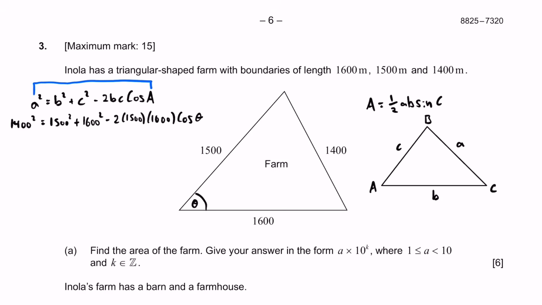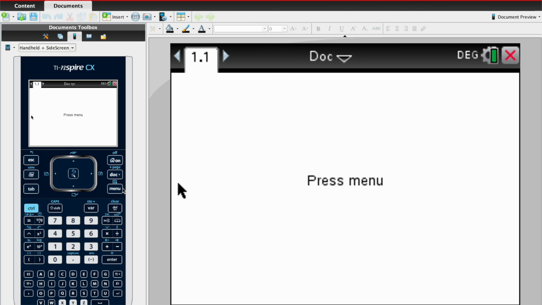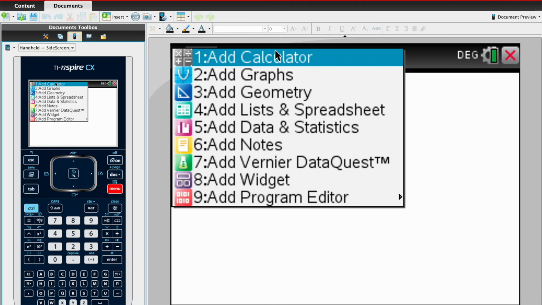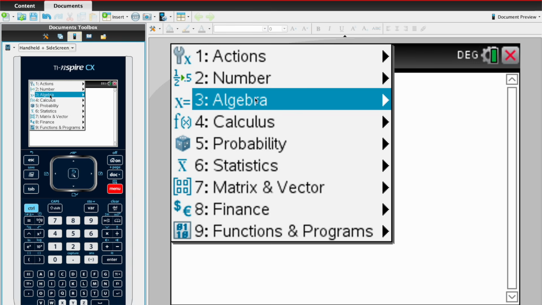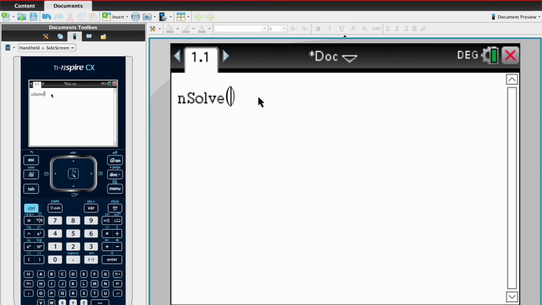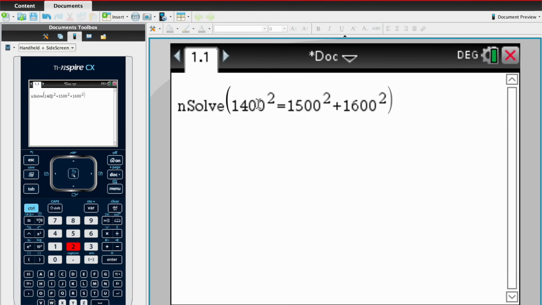Let's go ahead and solve and find this unknown. So here we are. Menu, algebra, numerical solve. And then we can write out our equation here. 1400 squared, 1500 squared plus 1600 squared. Then minus 2bc.